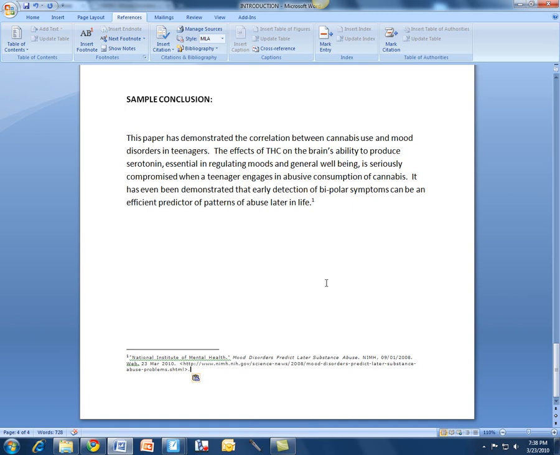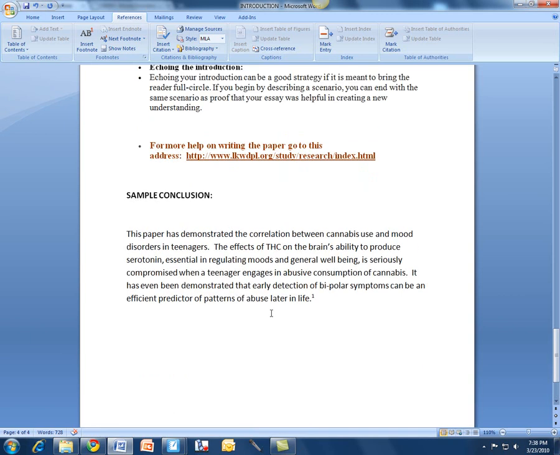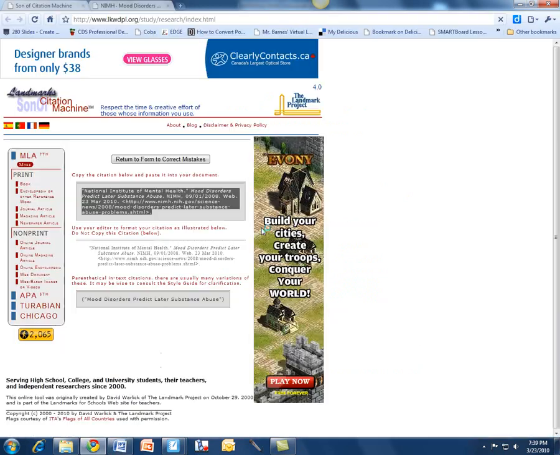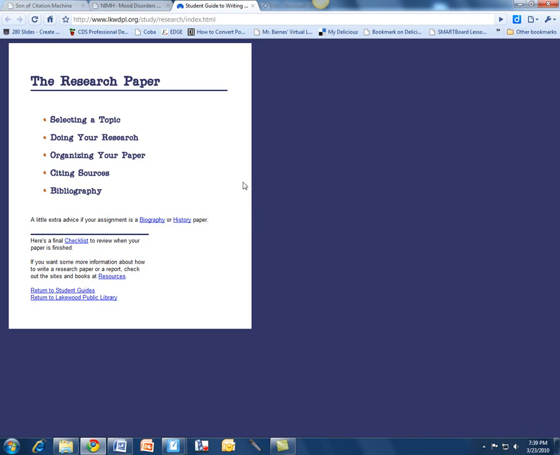Let's see now. Okay, so we've got the conclusion, we've got the footnoting, and this link up here is very, very helpful for working on bibliographies. And you need to work in a bibliography, so that brings you to this page here.